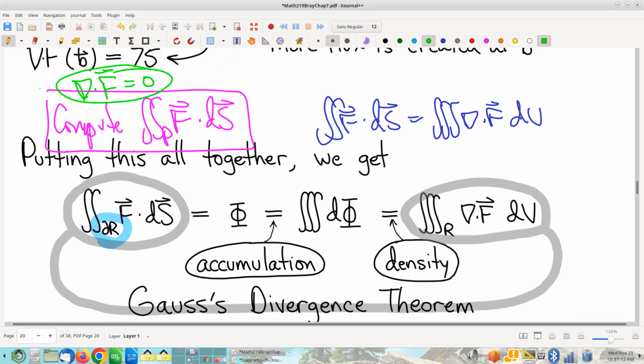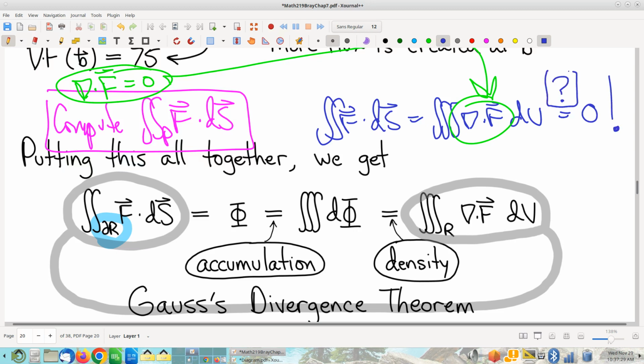Let's just say. So a student writes down, well, it was a flux, so it's a triple integral of divergence, which is 0, and then the student confidently says this integral is 0, so it seems. And I better put a question mark here, indicating that this is in question.